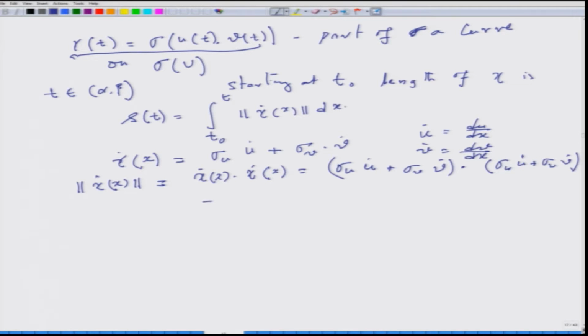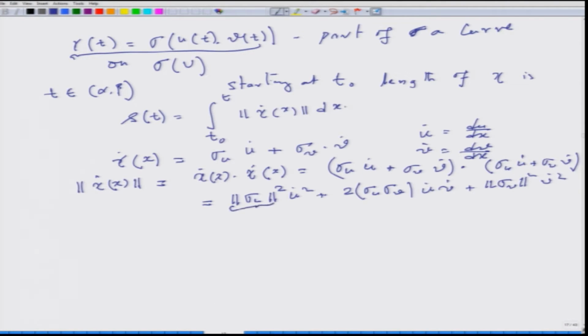Let us expand this. You do the multiplication: that will be sigma u dot sigma u, which gives the norm of sigma u squared times u dot squared, then the cross term will come twice, sigma u dot sigma v times u dot v dot, plus norm of sigma v squared times v dot squared.